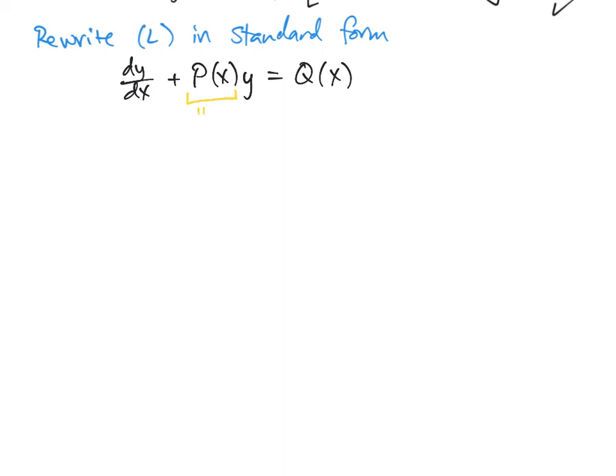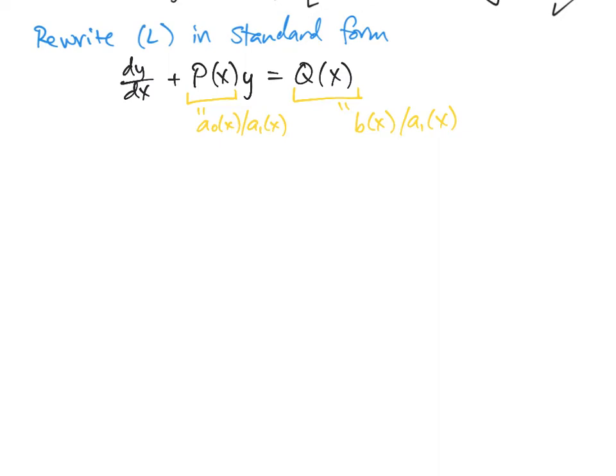So p of x equals a naught of x divided by a1 of x, and q of x equals b of x, what we had on the right-hand side, divided by a1 of x. And there's really no difference between what we had before in L and this version now. It's just sort of shuffling things around.